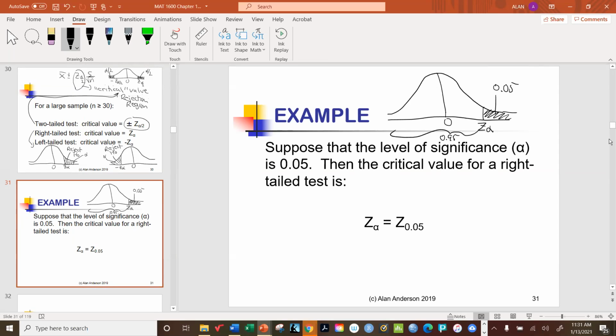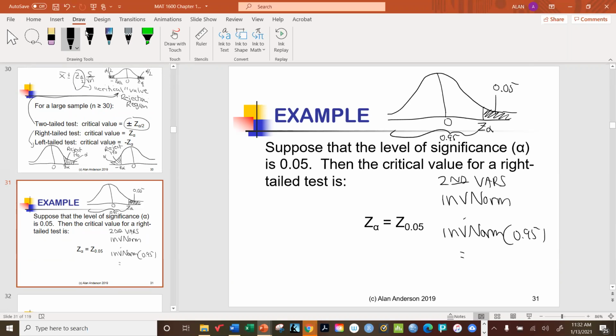How do you find this on your calculator? Well, one way is to go to second VARS, choose INV norm, and enter INV norm not of 5%, but of 0.95, because remember that this is geared towards everything below that point.